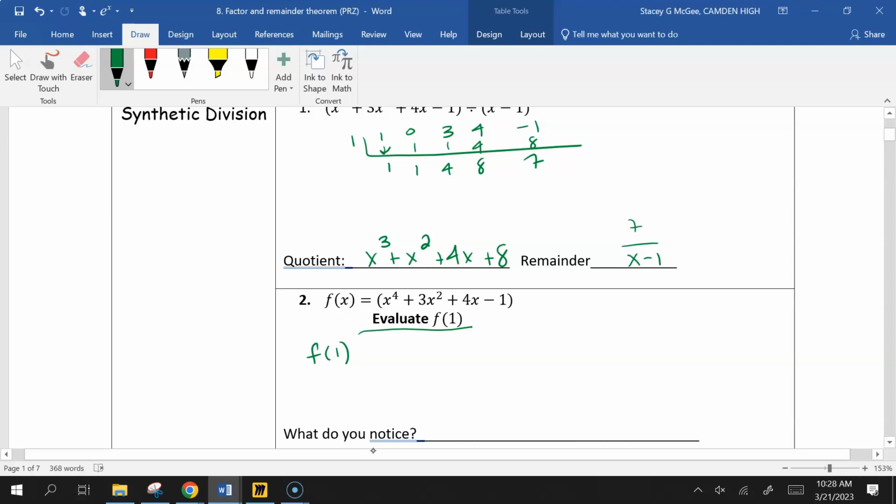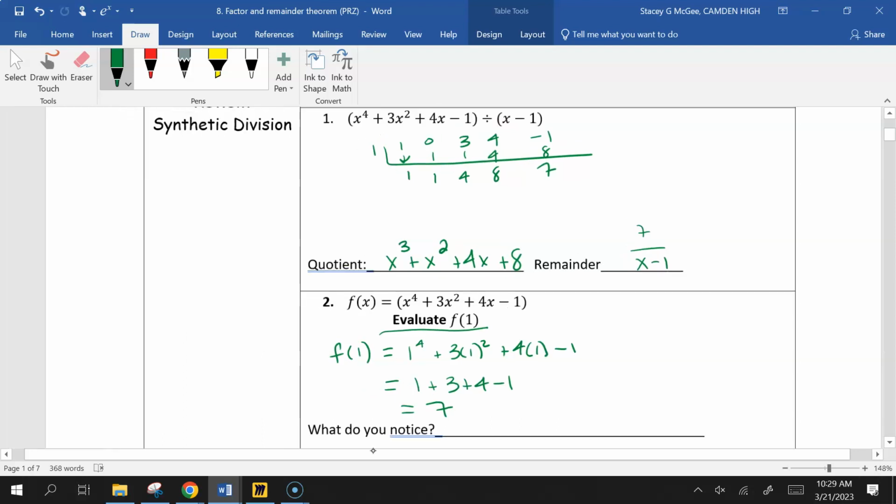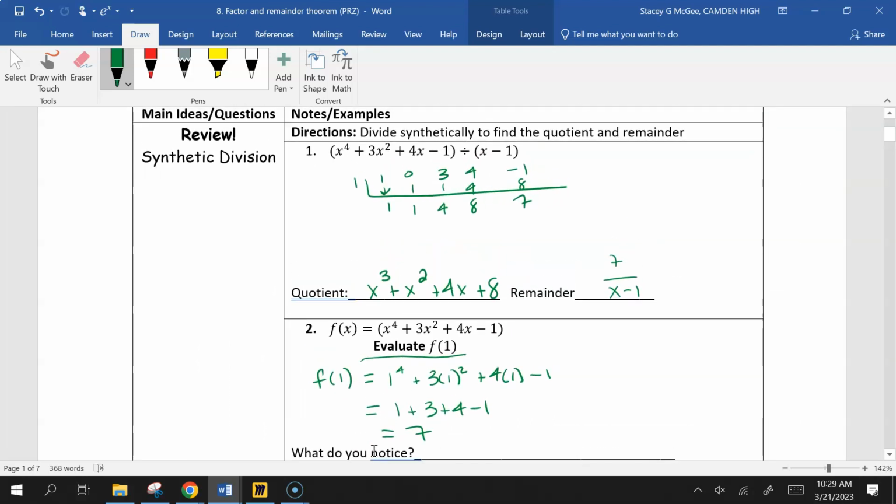Replace every x with 1 and tell me what you get. What'd you get? 7.